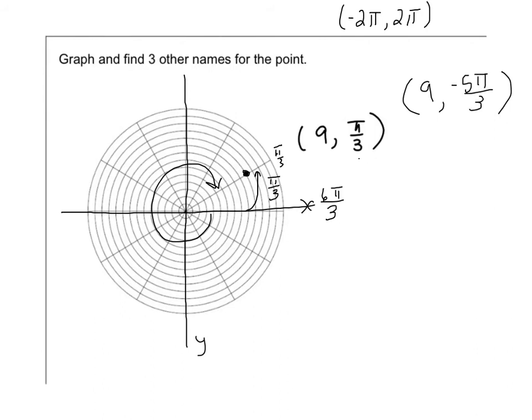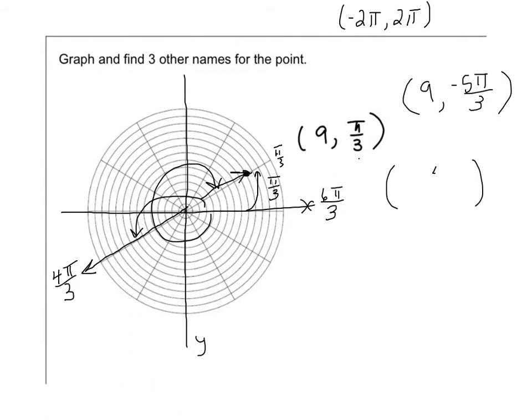Another way to name this is to extend this pi over 3 into this quadrant, right? And so this one right here, if I go in the positive way, is going to be 3 pi over 3 plus another third, so this is 4 pi over 3. Right? But I don't want to go out 9 here. I want to go back 9 this way.